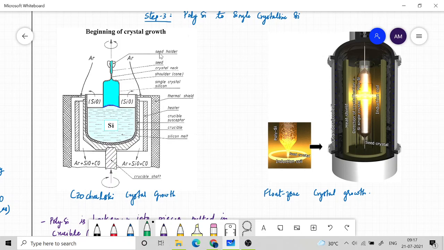It is a very slow movement of the seed material. Whenever you insert it, the silicon atoms will try to agglomerate underneath the seed material, and as you slowly pull it up, the molten silicon gradually comes out of the melt.